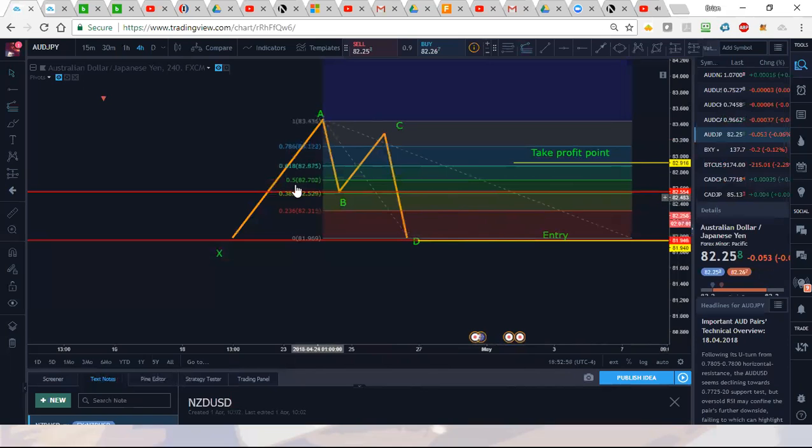So this 0.382 level here will be where you bring your stop loss to entry, and then your take profit will be around here. This 0.618 level will be your take profit. So it's the same thing, and I just want to go over that real quick because I had a lot of questions about that, and just wanted to clarify how that worked.